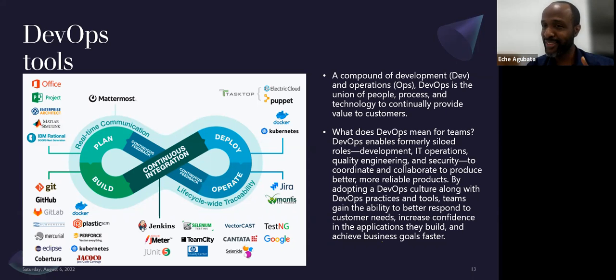No, they are not the team that does development. They are not the team that tests. Do you understand? Okay, so DevOps is the team that is responsible for bringing all these teams together.